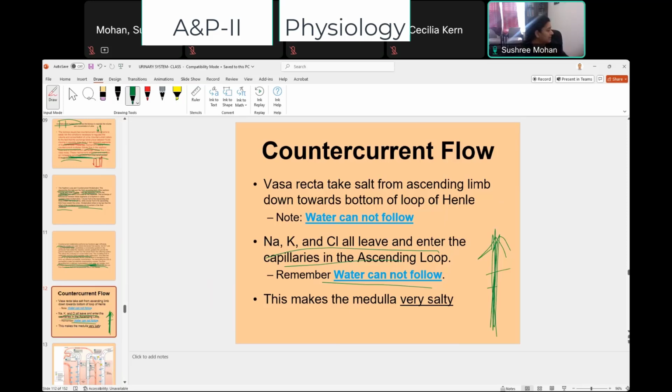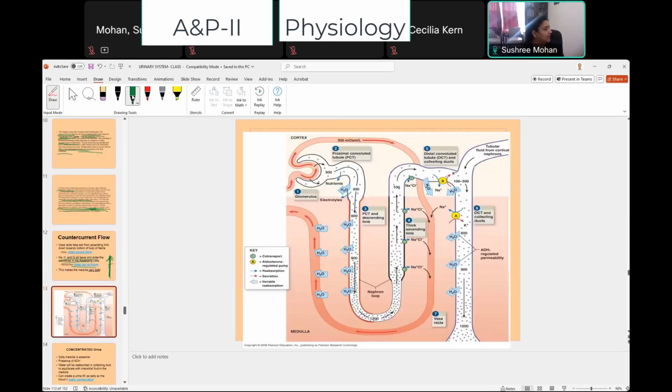And this makes the medulla very salty. So here it shows you this part. See the water that is going out and getting reabsorbed back into the body. This is all freely permeable, okay? But right here, the thick part, sodium and chloride can get out, but water cannot follow them.